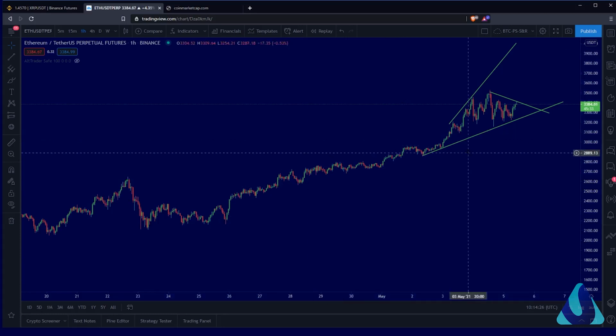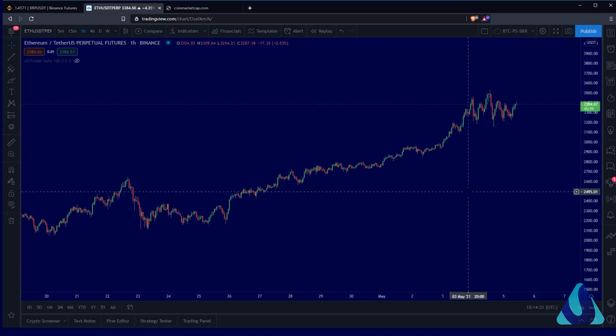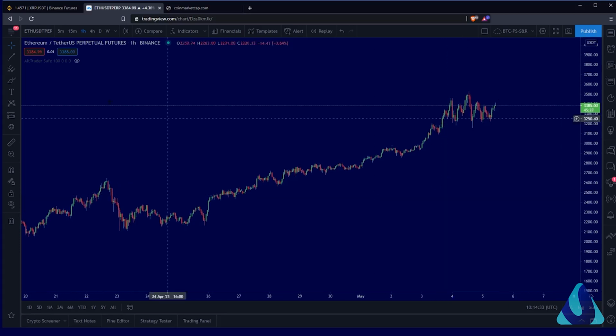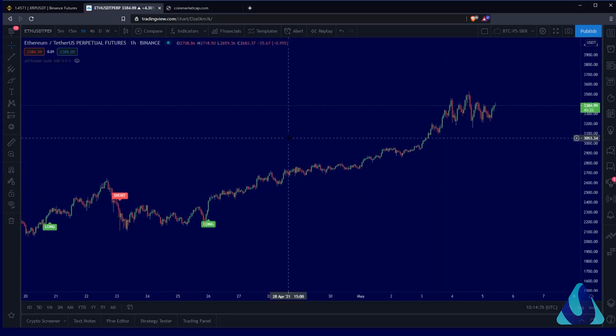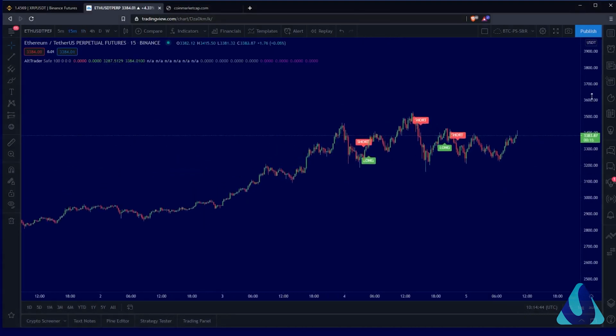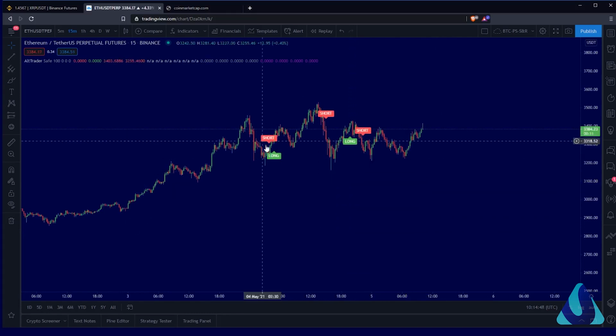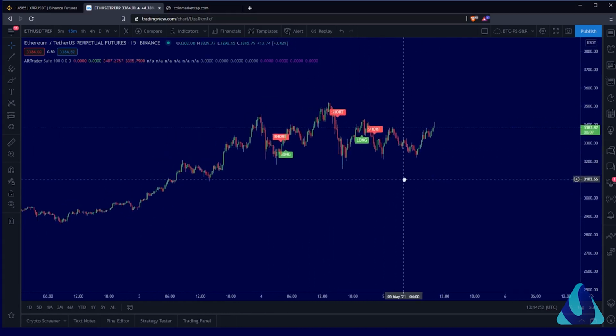Now we're on the hour at the moment, so let me just bring up the Ethereum on the 15-minute chart, and as you can see, there are a few areas in which we could potentially look for a sell. So how would we do that?